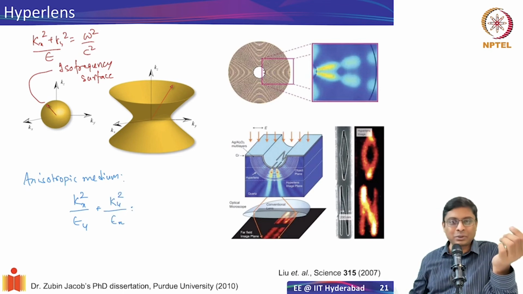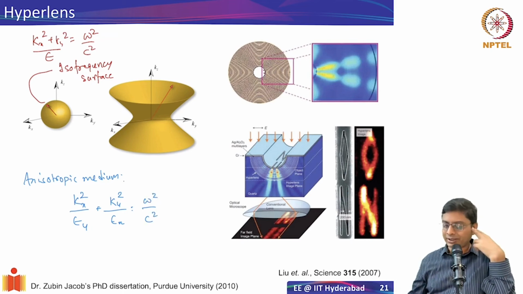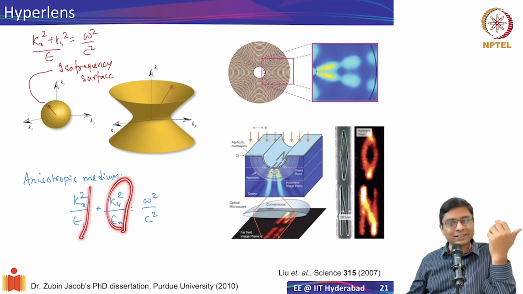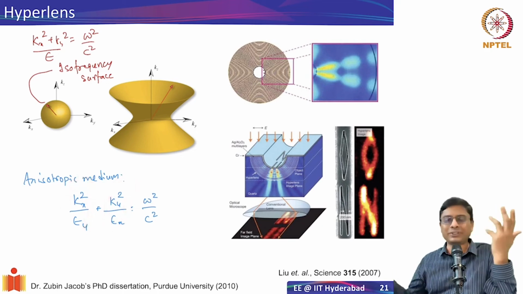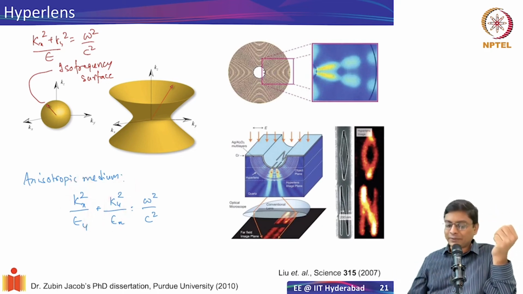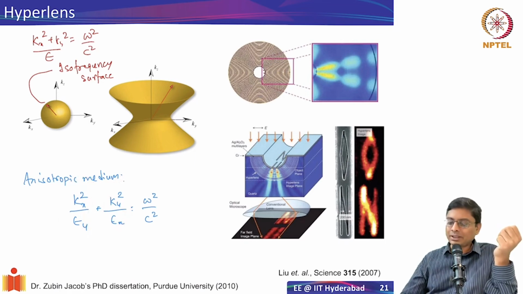I am not explaining why this comes out, but just trust me. So when I have two different anisotropy, basically my refractive index is going to be different in the x and y directions. You can even put the z direction, it doesn't really matter. If you have this sort of an anisotropic medium, then your isofrequency surface becomes an ellipse. It's no longer a circle.